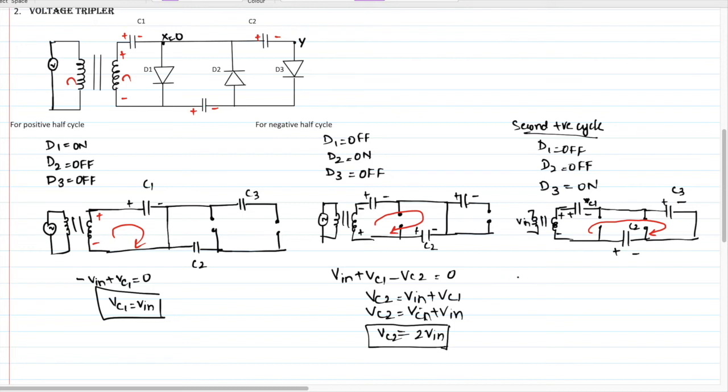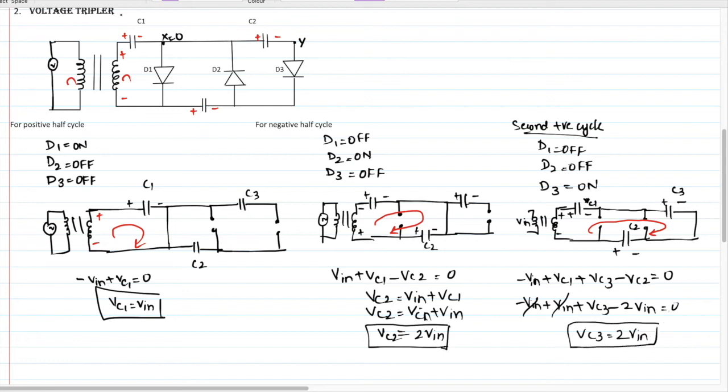The current flows from negative to positive for V in, so minus V in, the capacitor is plus Vc1, plus Vc3, minus Vc2 equals 0. Minus V in, Vc1 we know is V in, we don't know Vc3, and we know Vc2, which is 2V in, equals 0. So Vc3 equals 2V in.